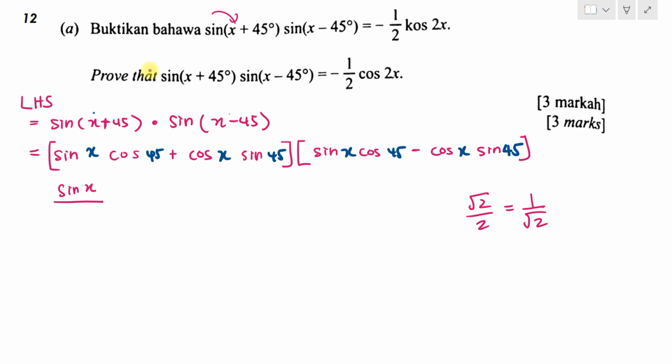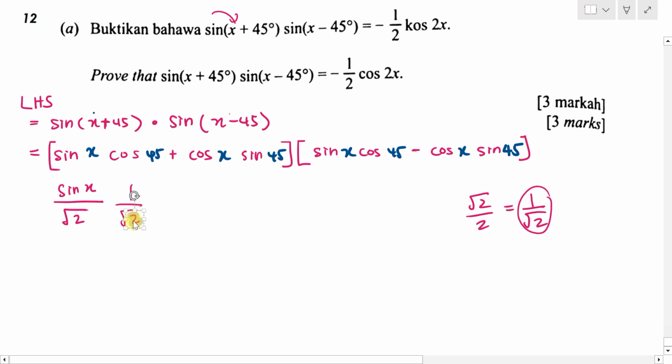So, I put sin x. If I take this, it will be an advantage for me. I'm multiplying by 1 over square root 2, so the square root 2 I can put in directly here. This whole part is settled like this. Plus sin 45, let's check, should be the same: sin 45 is also 1 over square root 2.